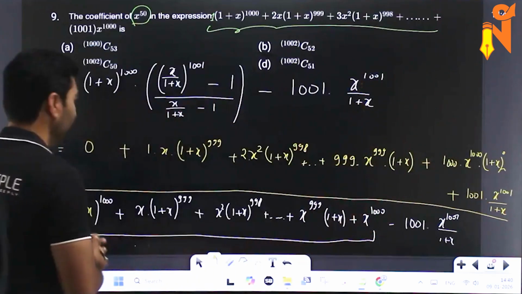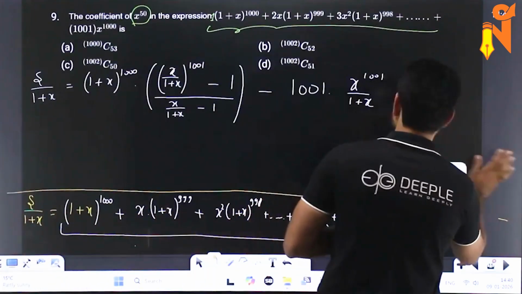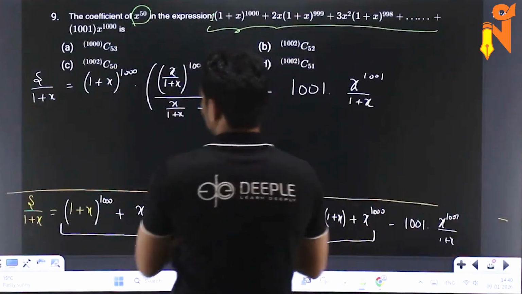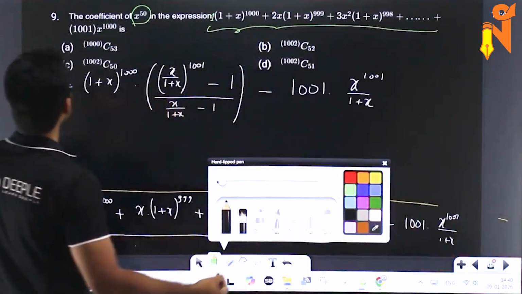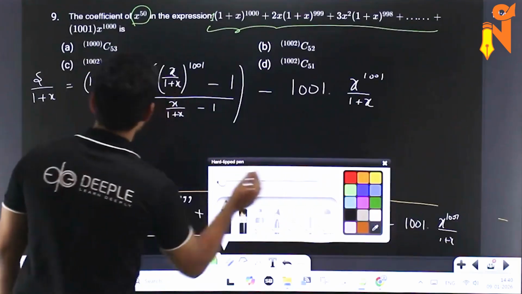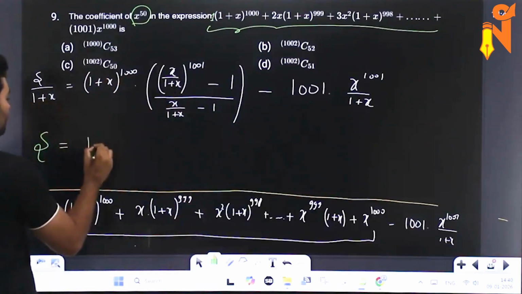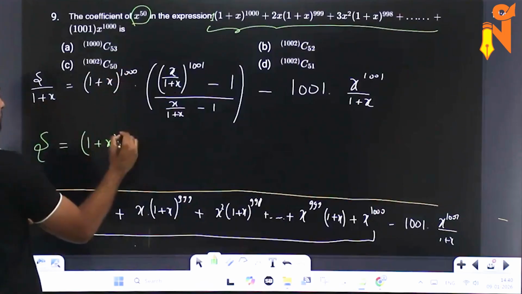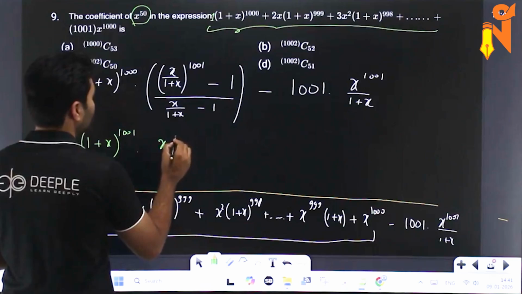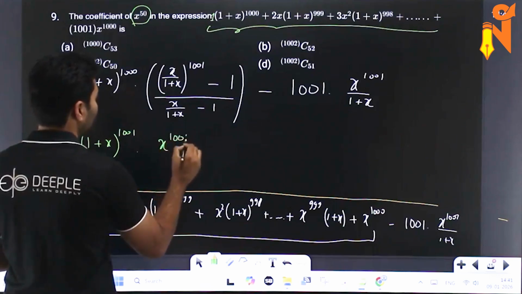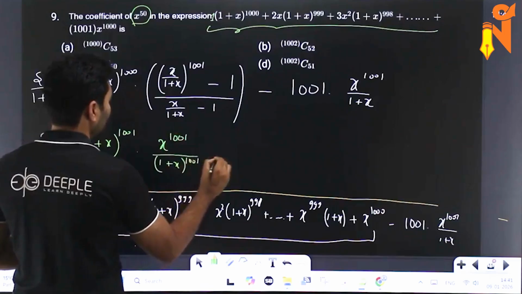Now again I will remove this portion, and you can see clearly that when you multiply this by (1+x) there, what you will get? I want to find S. So S is equal to, multiply (1+x) there. So (1+x)^1001 into (x^1001 upon (1+x)^1001 minus 1).